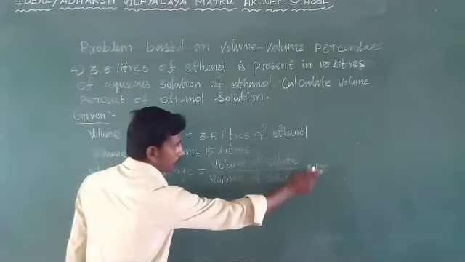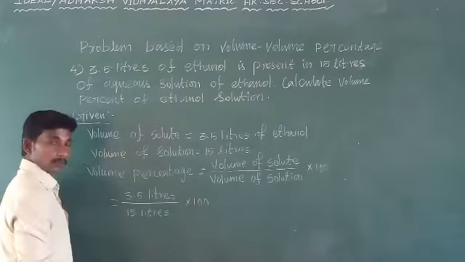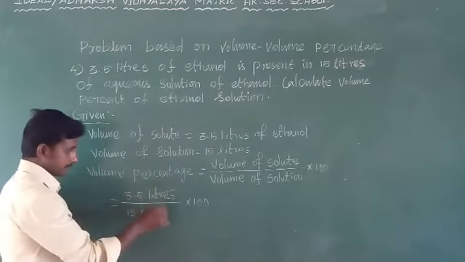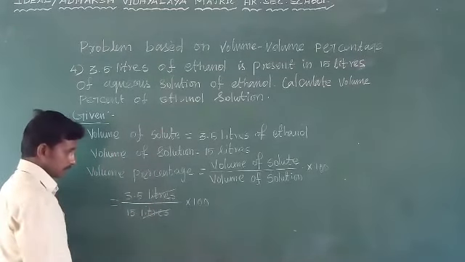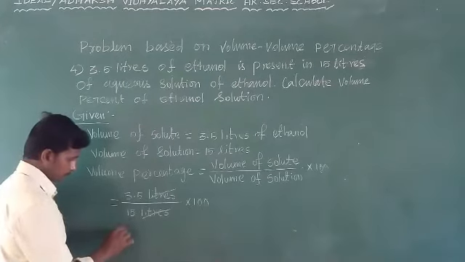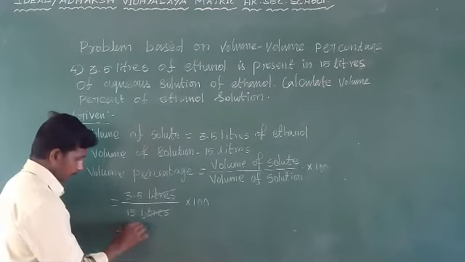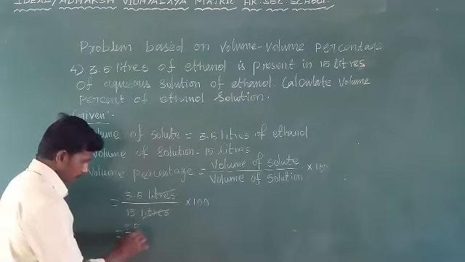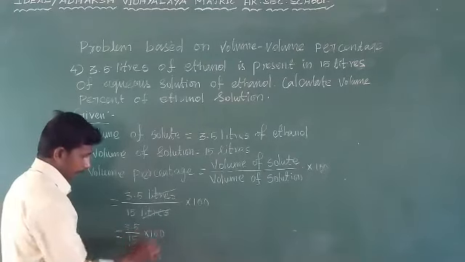The liters cancel, so we get 3.5 divided by 15 into 100.